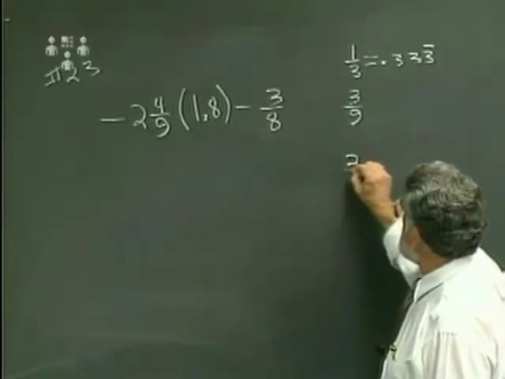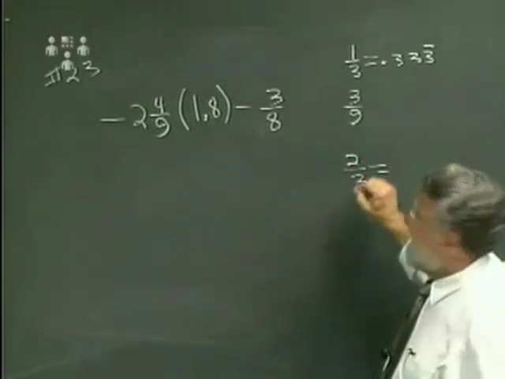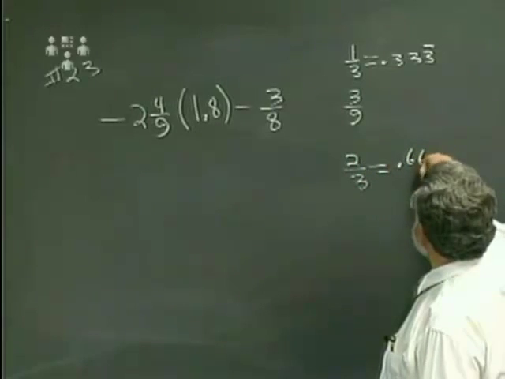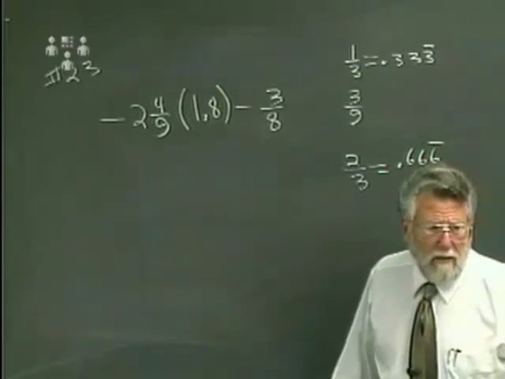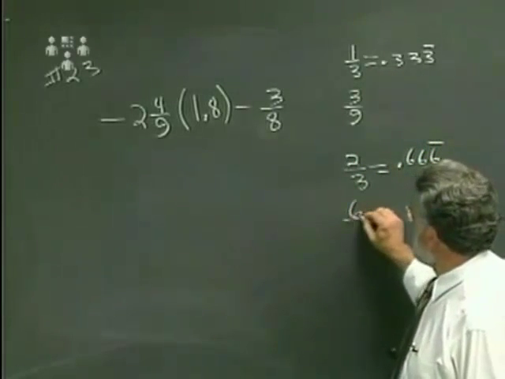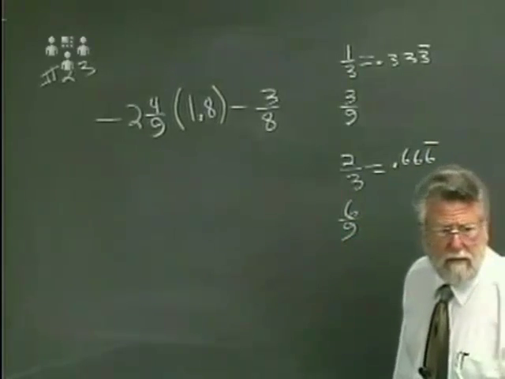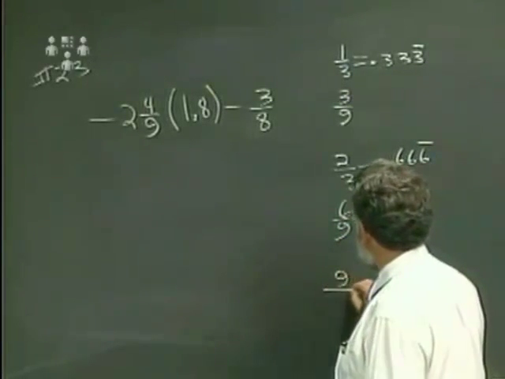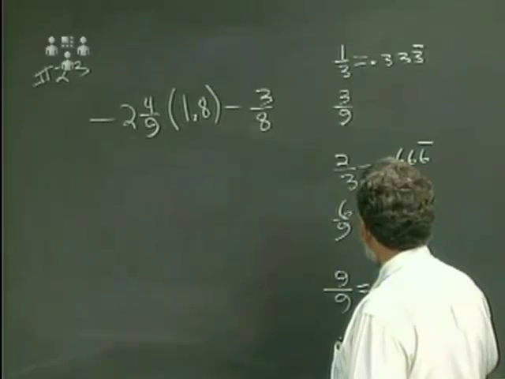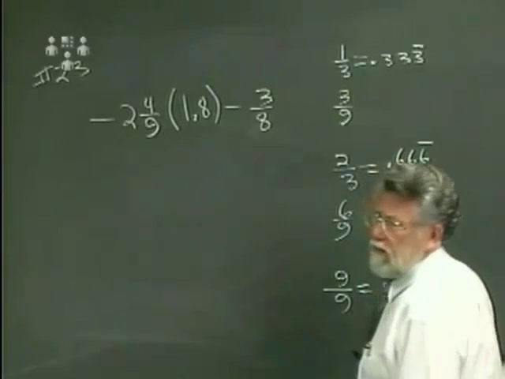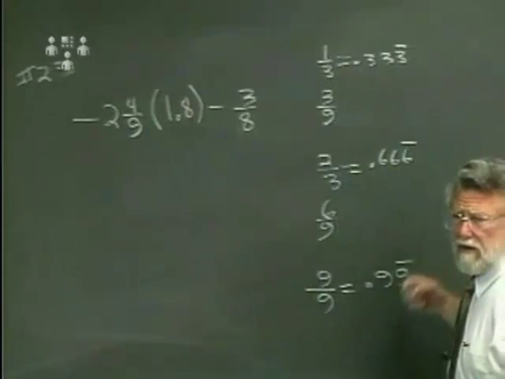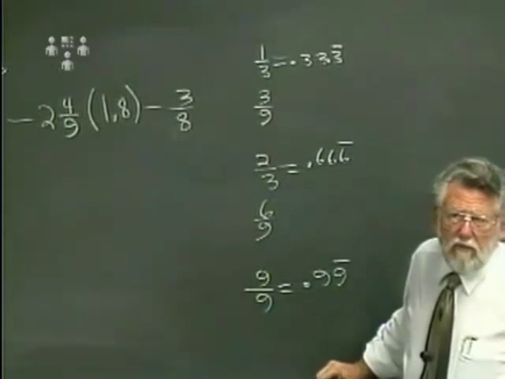2/3 is what? Close. 2/3 is 0.6666 forever, correct? But that's really 6 ninths. Do you see the pattern? 9 ninths was 9's forever. So what do you think 4 ninths is going to be? Slide over just for me, Ernie, if you would, please. 4 ninths.